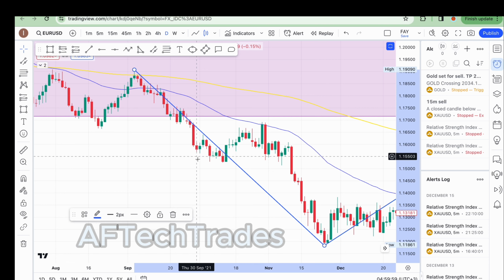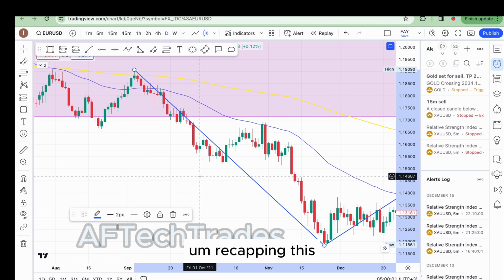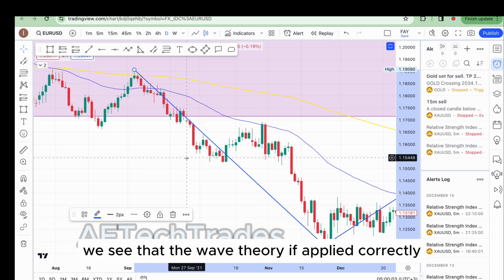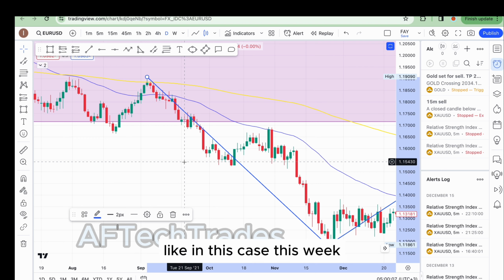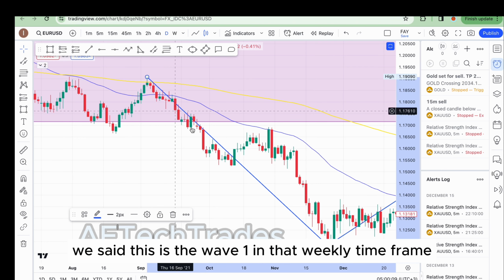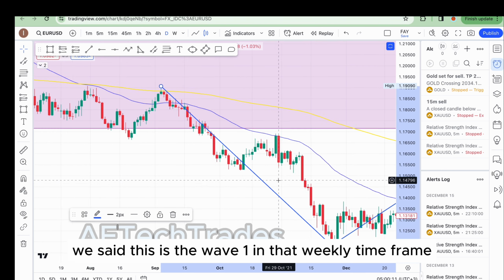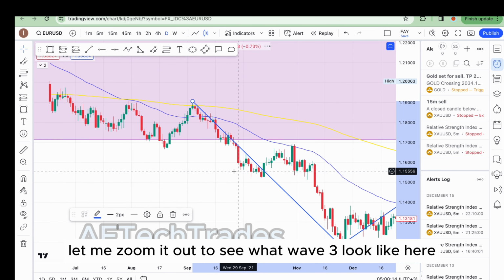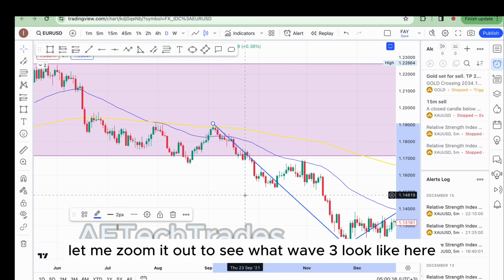So recapping this, we see that the wave theory, if applied correctly, like in this case, we said this is the wave 1 in that weekly time frame. Let me zoom out to see what wave 3 looked like here.